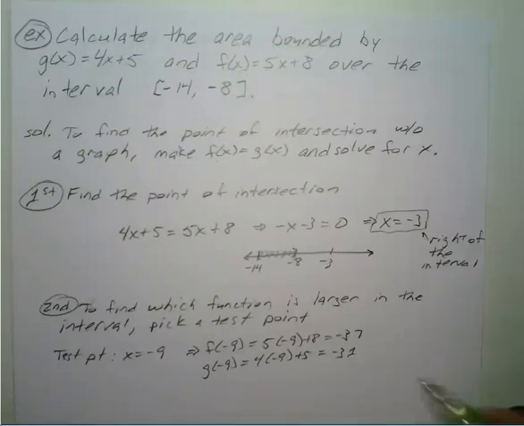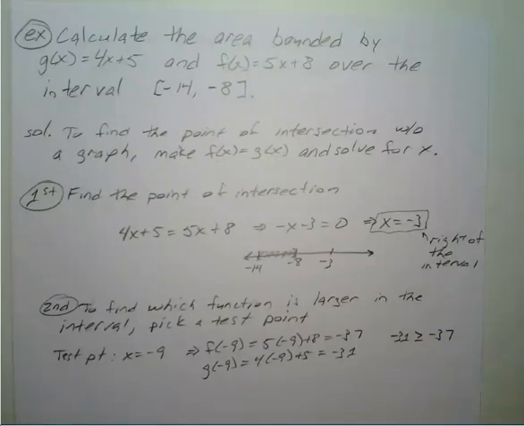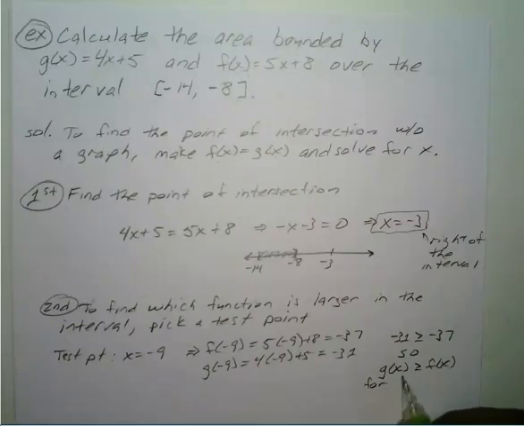Well, what do we know? We know that negative 31 is greater than or equal to negative 37. So that means, in this case, g of x is greater than or equal to f of x for this interval.